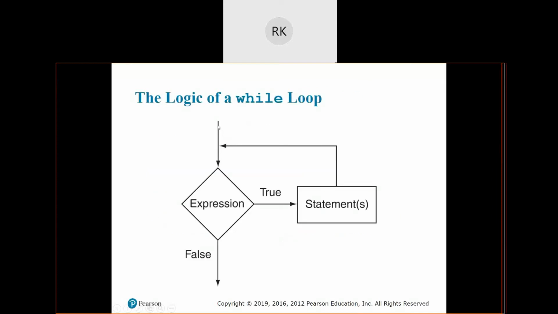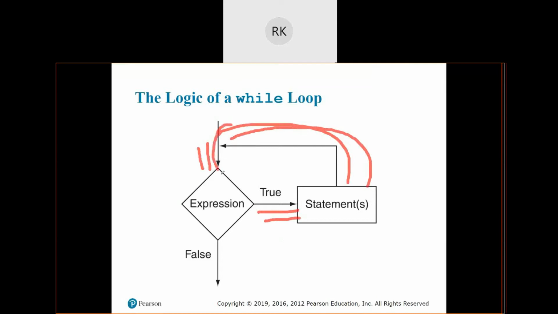It is like this. The control comes to the expression, which is the condition. If the condition is true, then the statement will run, and after this execution, it will go back to the condition. If the condition is true, it will run again, and this process will be continued. True, go back. If again true, then execute the statements and go back.